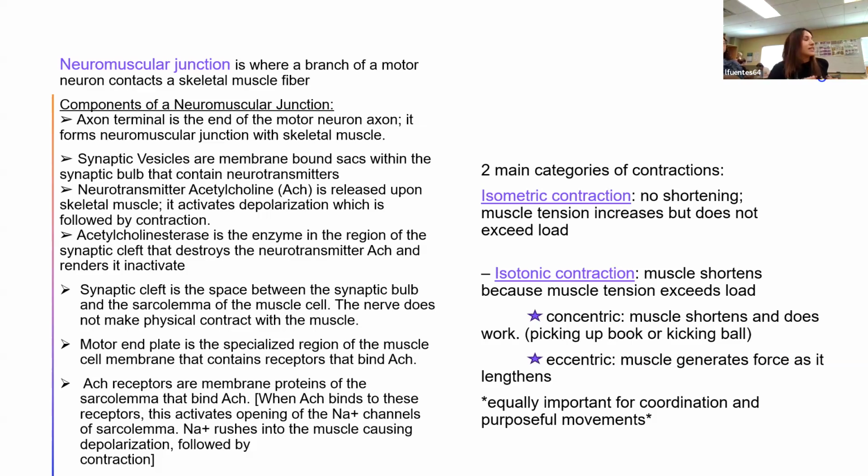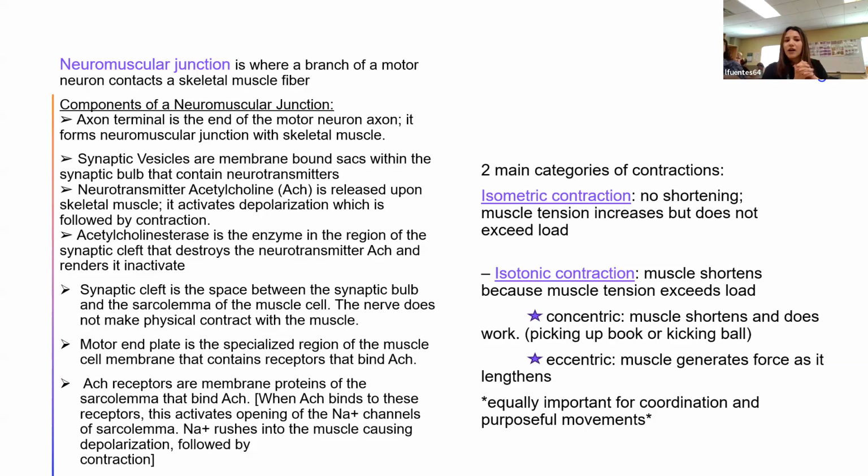When the ACh binds to these receptors, this activates openings of the sodium channels of the sarcolemma. The sodium then rushes into the muscle, causing depolarization and then contraction. The way the professor explained it in class, he had a big picture on the board, if anybody remembers that. This is the very compact, simple version of that.